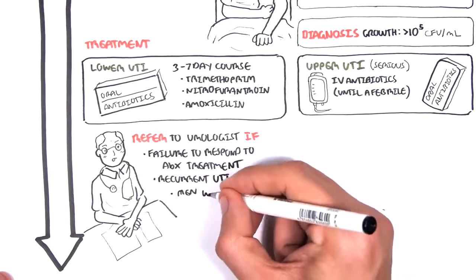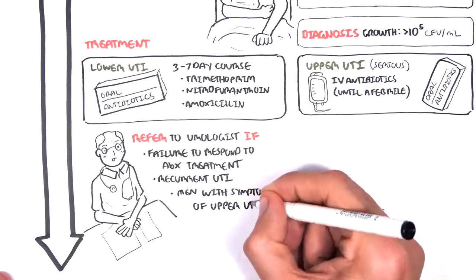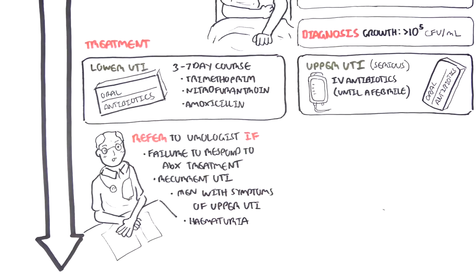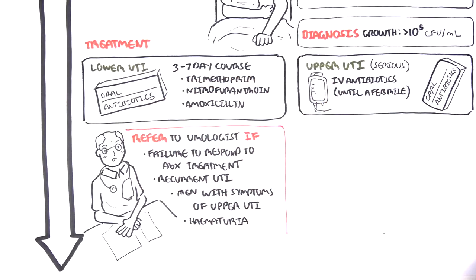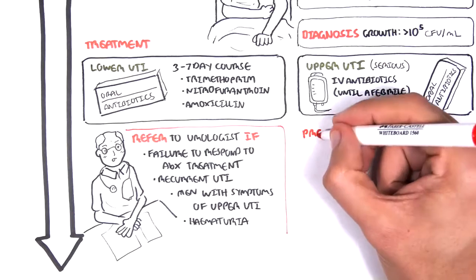Refer to a urologist if men have symptoms of an upper urinary tract infection. And this is because it is very uncommon for men to develop upper UTI, and potentially could be a result of a more sinister anatomical abnormality. Also refer to urologists if there is significant hematuria.